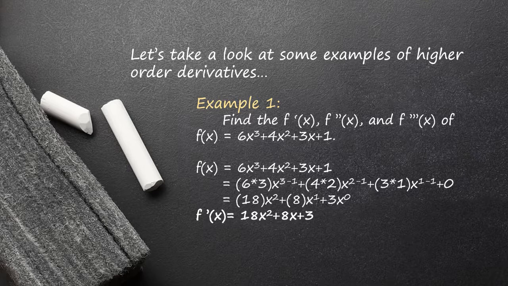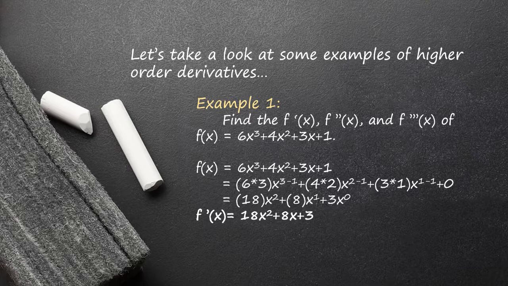We will notice that it is also a polynomial, so we will apply the power rule and constant rule. 6 times 3, x raised to 3 minus 1, plus 4 times 2, x raised to 2 minus 1, plus 3 times 1, x raised to 1 minus 1, plus 0. So, we will get 18x squared plus 8x raised to 1 plus 3x raised to 0.